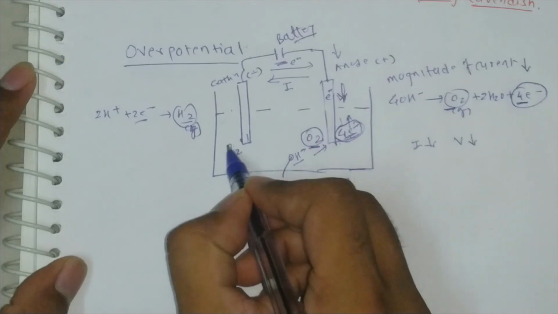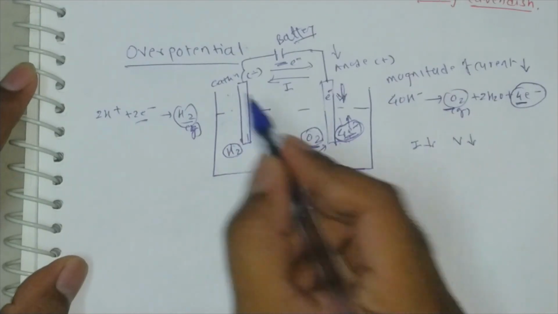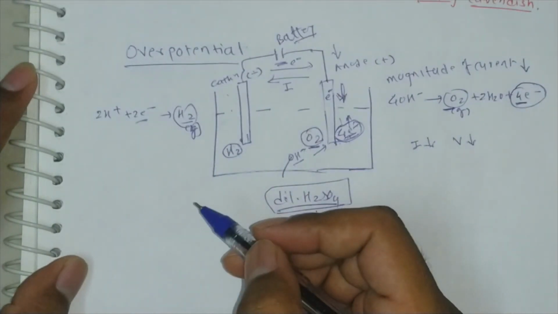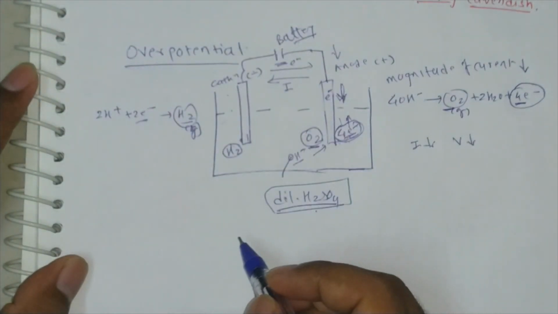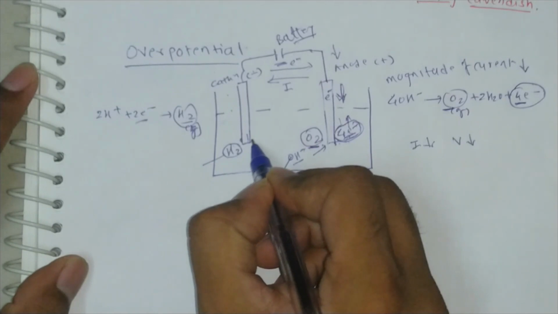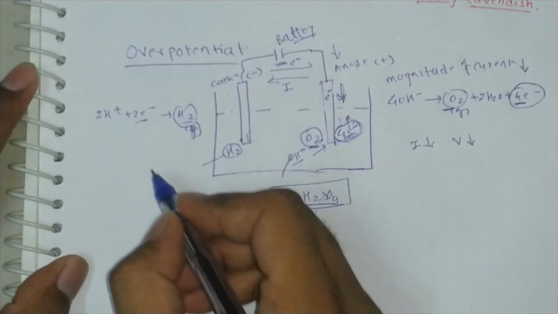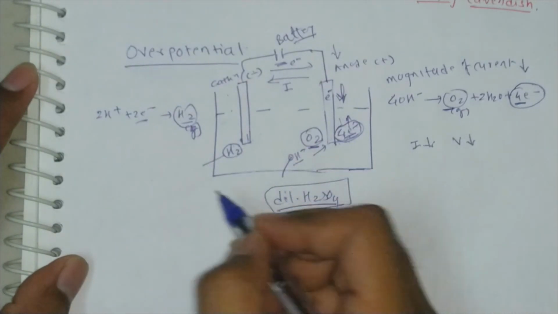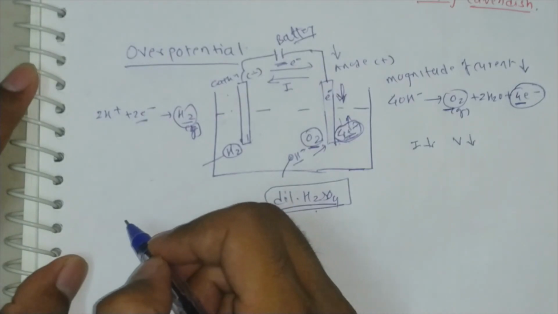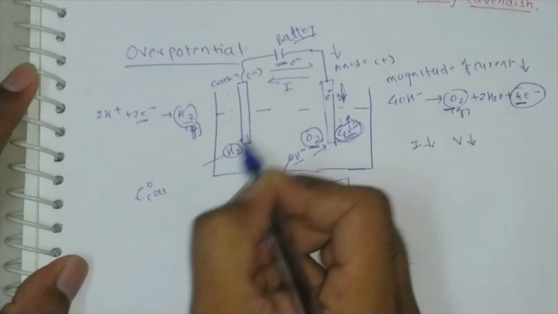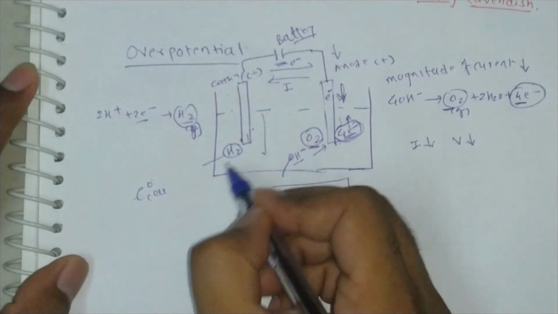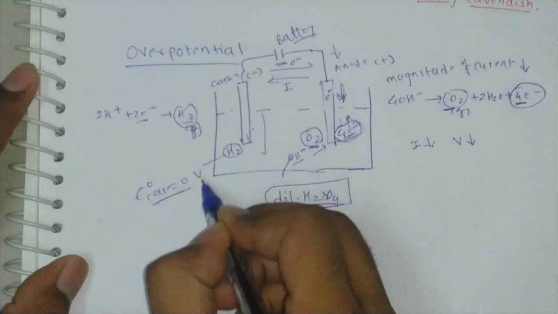Now see, hydrogen that is formed over cathode does not generate any kind of electrons. It actually accepts the electron, and here the potential of the electrode is 0 because hydrogen gas is released, so it acts like a standard hydrogen electrode, and the standard hydrogen electrode has 0 potential. So we can say E naught of this half cell is equal to 0 volt.